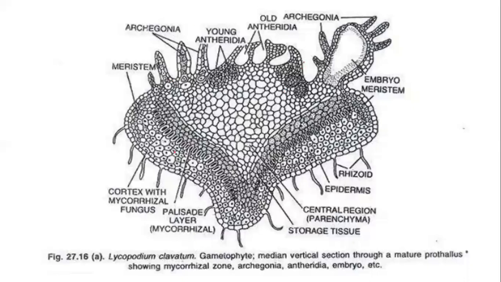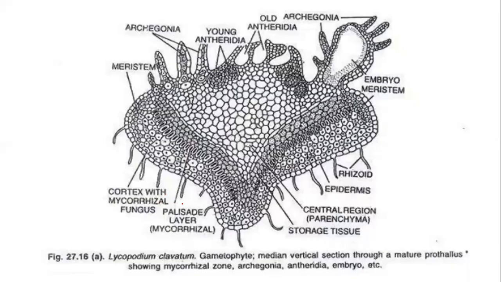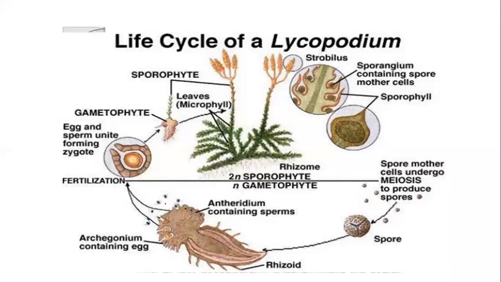Now when we go for the life cycle of Lycopodium, the archegonia and the antheridia are developing and producing the male gametes, which we call the antherozoids, which are biflagellated. We can see the presence of two flagella here.